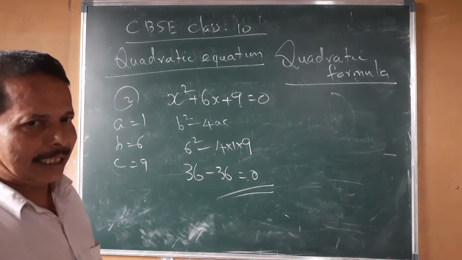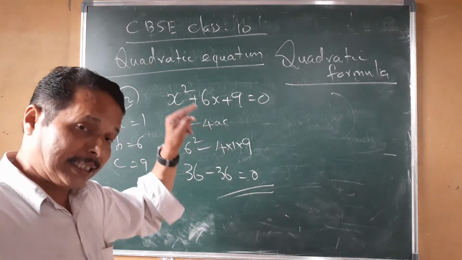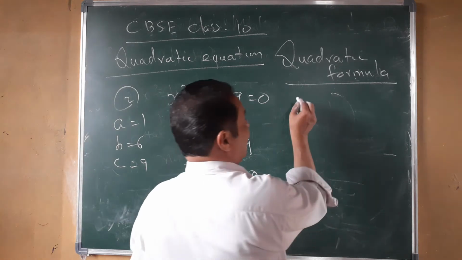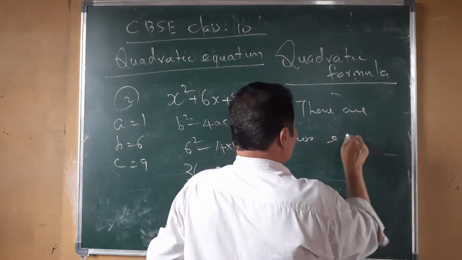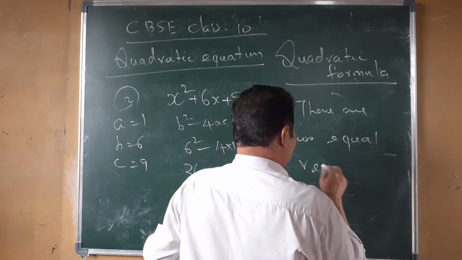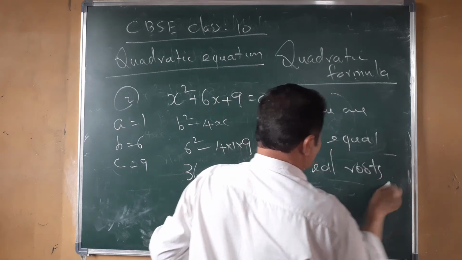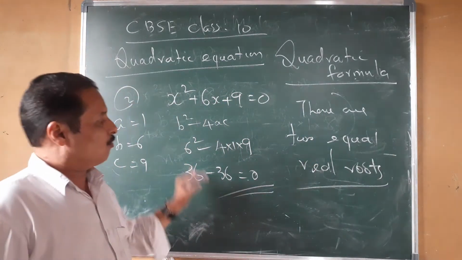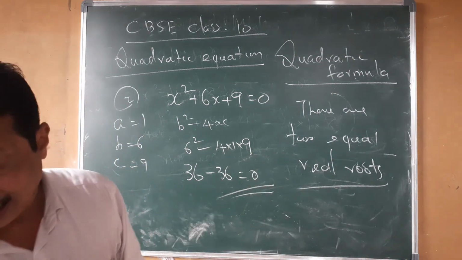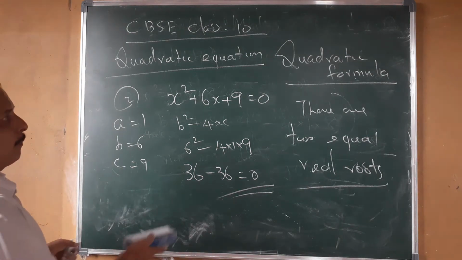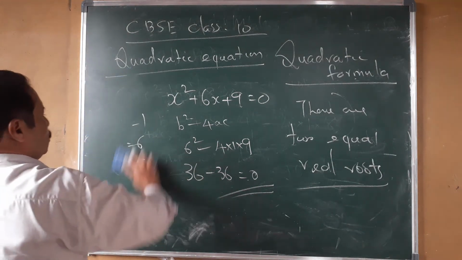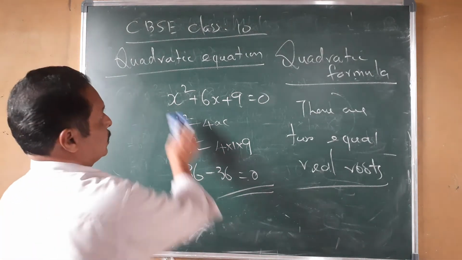You remember the condition? If b square minus 4ac is equal to 0, there are two equal real roots. Is it clear?